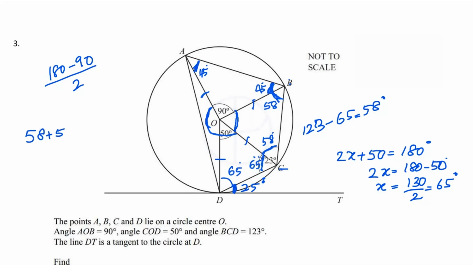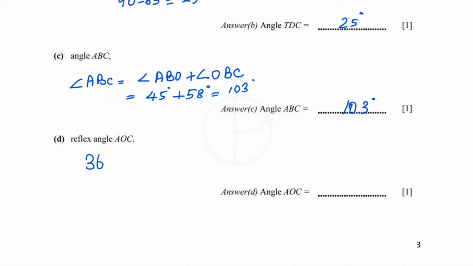If we subtract 58 plus 58 from 180, we get the third angle, which is equal to 64. The angles at a point add up to 360. To find this angle, we have to subtract 90 and 64 from 360, which is 206.